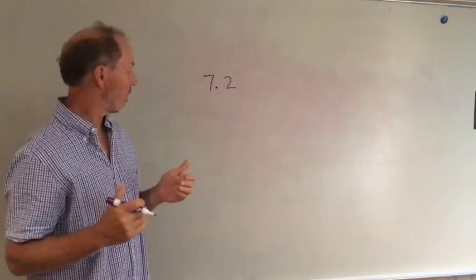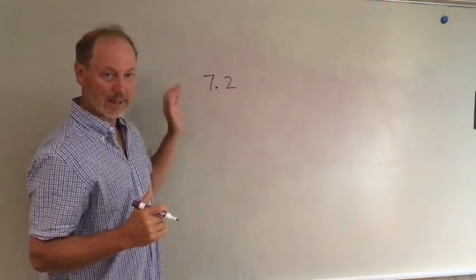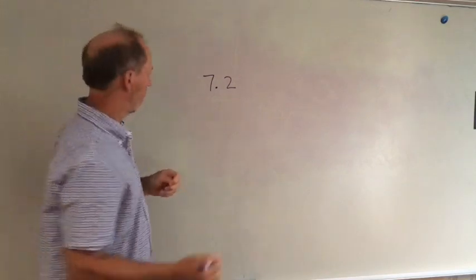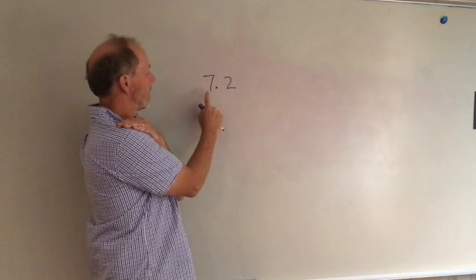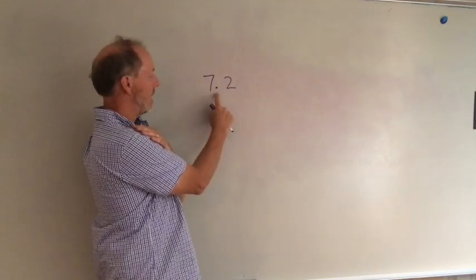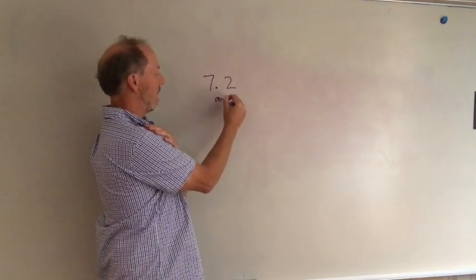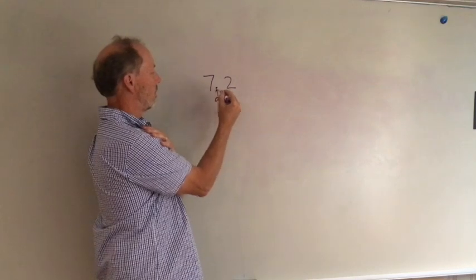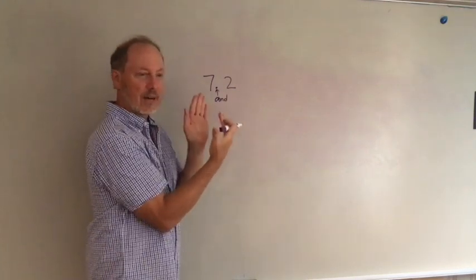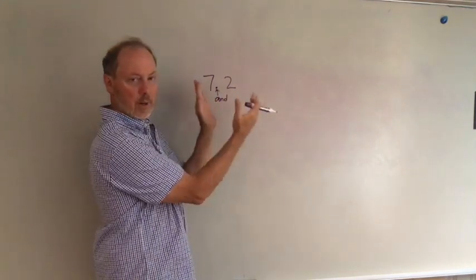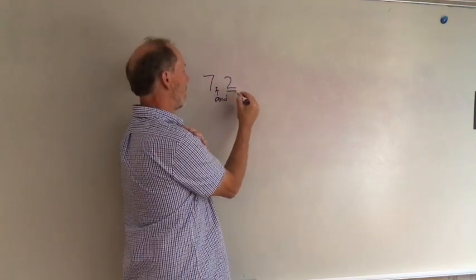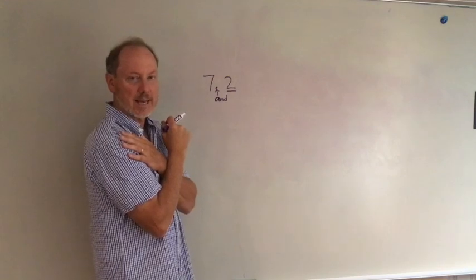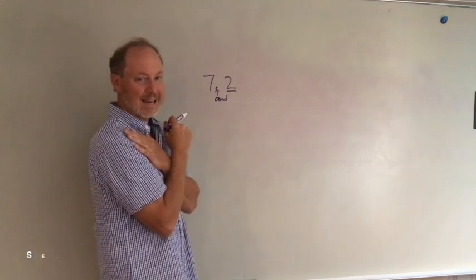Take a look at this number. When we read it in word form, whether we write it or we say it, it's 7 and, we can always say and where the decimal point is. It kind of divides us between the wholes and the parts. 7 and 2, and we just name the place where the decimal number ends.